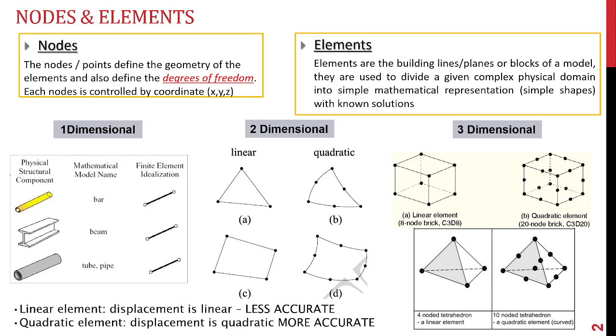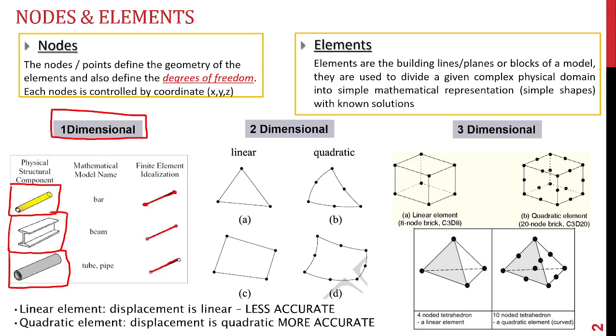For example, kalau real structure kamu macam ni, kamu discretize dia jadi 2 node, 1 element. Kamu boleh lukis macam ni lah, normally lukis macam ni lah. And then things like this, beam, you can also represent it like this also. Things like pipes, kita boleh represent dia menggunakan one dimensional element. Kenapa dia one dimensional?